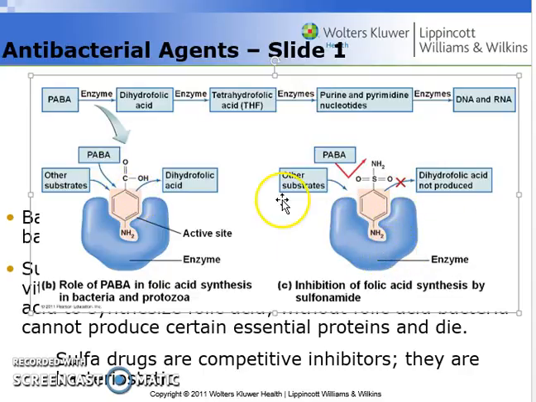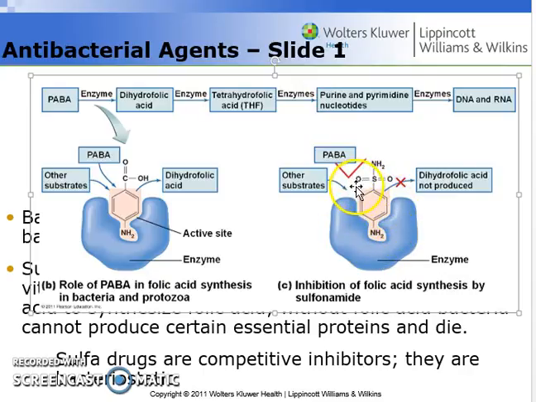Okay, so you see the PABA protein is this C double bound to O bound to OH, but instead of allowing PABA to bind here, you have a different particular substrate that binds to this particular enzyme.